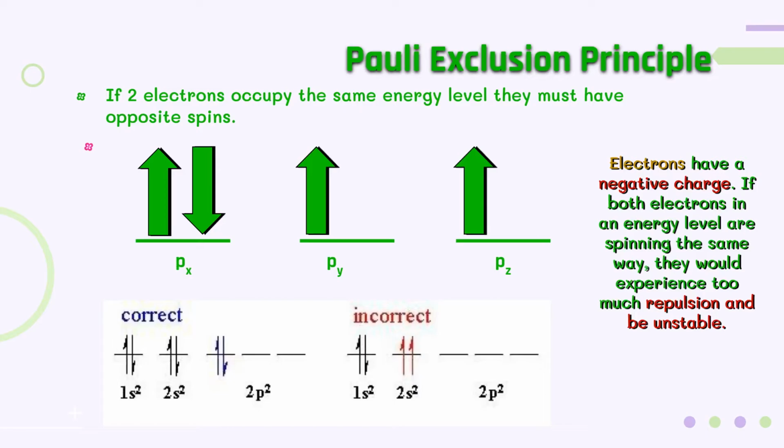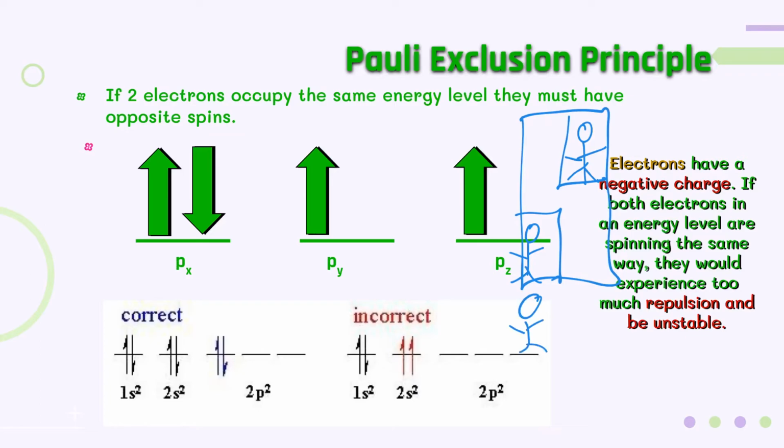The Pauli Exclusion Principle states that if you have 2 electrons that occupy the same energy level, they must have opposite spins. What this is describing is, if we talk about our bus seat analogy again, and we have a seat here and a seat here, and a person gets on here, and another person gets on here, and then we have a third person coming on, where are they going to sit?